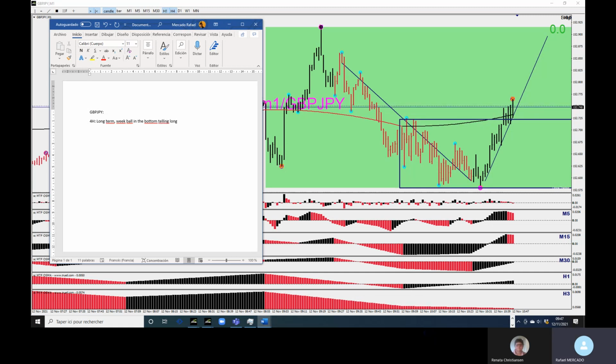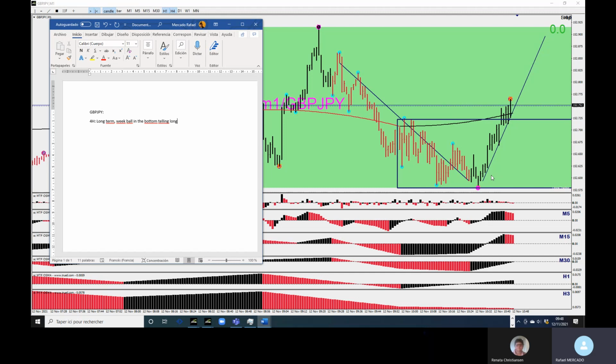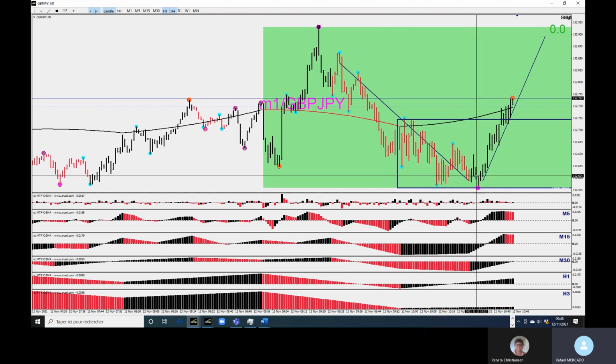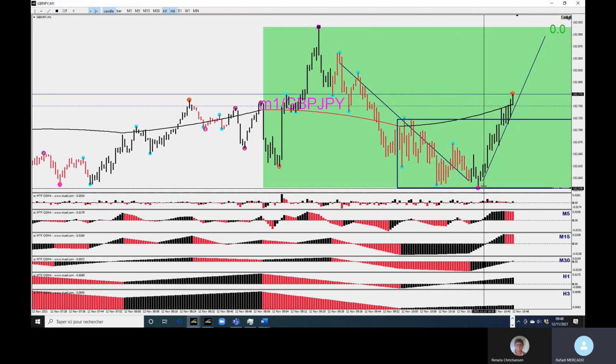Okay, so you don't need the H3 to take, for example, this trade here, this scalp here, as he said before. Anything at that point when everything is lining up, because you know the long term in the 4-hour is going long, you can take it here.